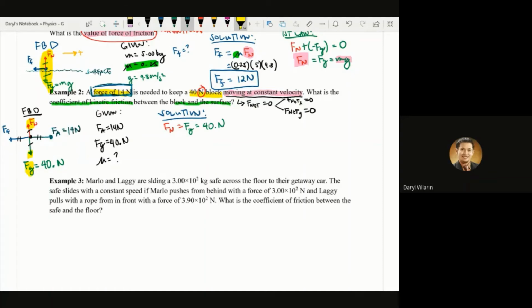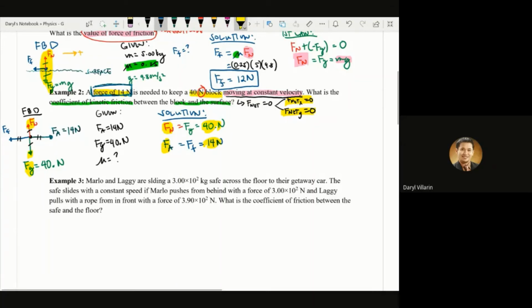As well, Fa would be equivalent to your Ff, which is 14 newtons, okay? I can say that they are equal because the net force along X is 0, as well as the net force along Y. And how do I know that? From the problem, it's given that it's moving with a constant velocity. So Fa is also equivalent to 14 newtons.